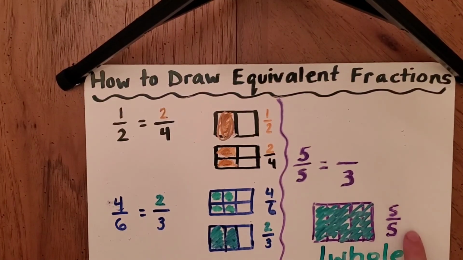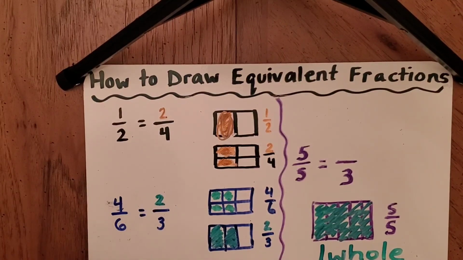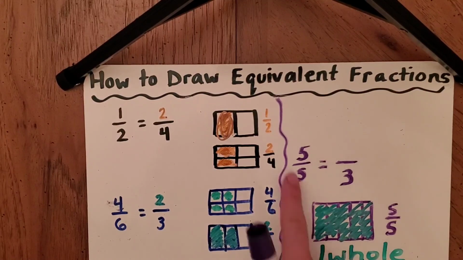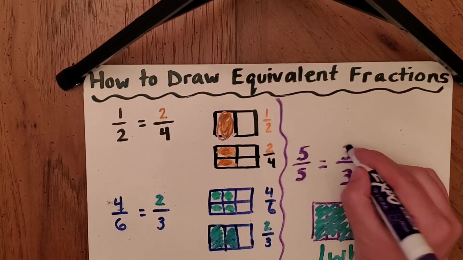Remember, any fraction that has the same number as its numerator and denominator is equivalent to 1 whole. So to come up with any fraction equivalent to 1 whole, all I have to do is make my numerator and denominator equivalent to each other. So 5/5 is equal to 1 whole, 3/3 is equal to 1 whole.